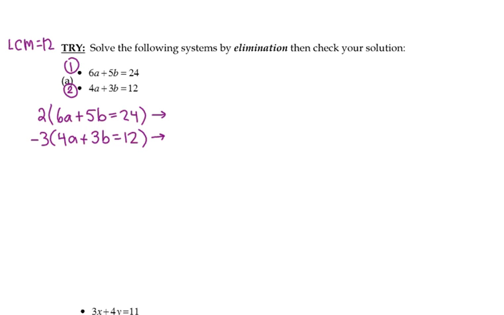Okay, so let's multiply the first equation by a 2. 2 times 6, 12a plus 10b equals 48. Don't forget to multiply your constant as well. Negative 3 times 4, negative 12a, negative 9b equals a negative 36.